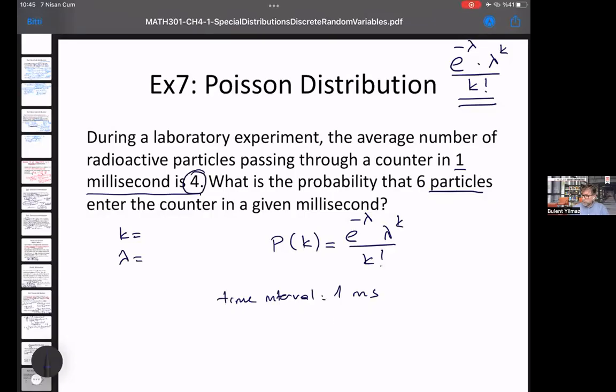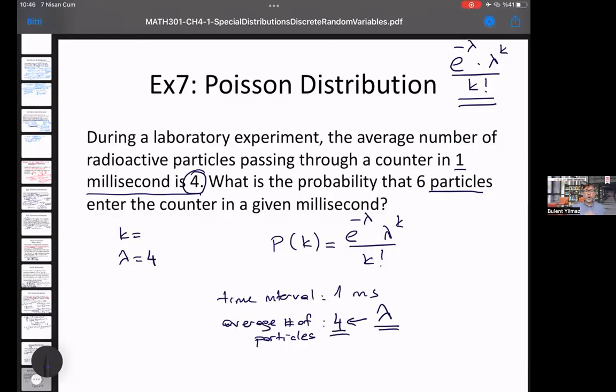It is 4. Average number of particles. So what is this for, guys? 4 is going to be lambda, right? 4 is lambda. So I'm going to write 4 here. So while you are solving the question, you need to find out what is lambda first.